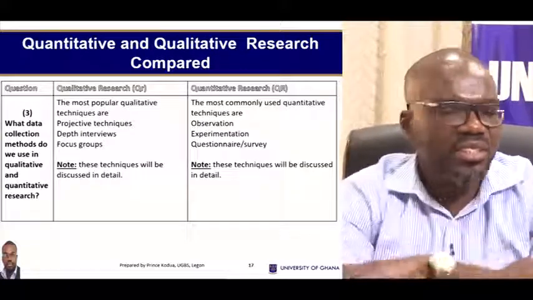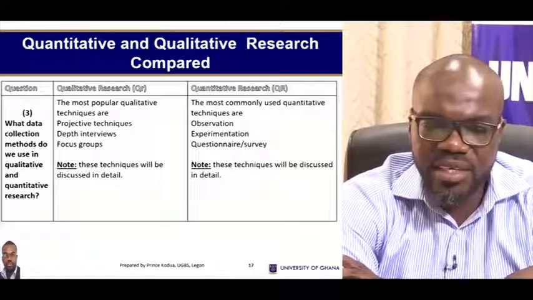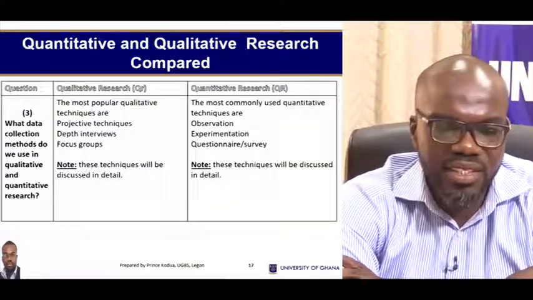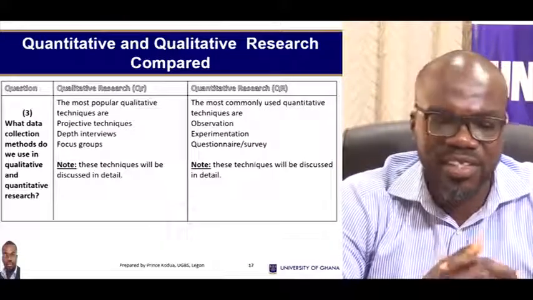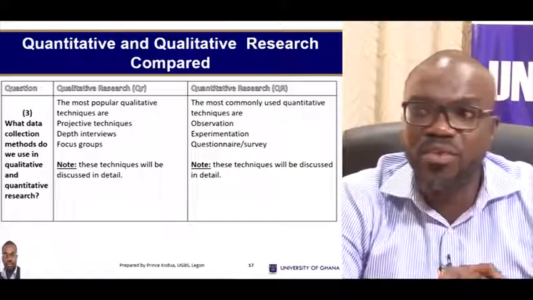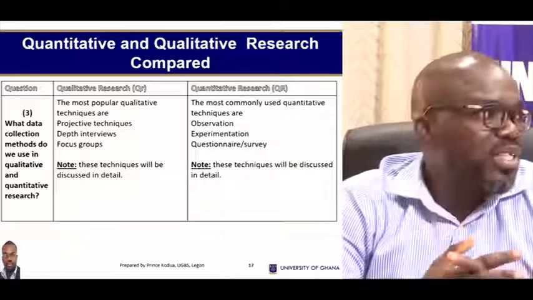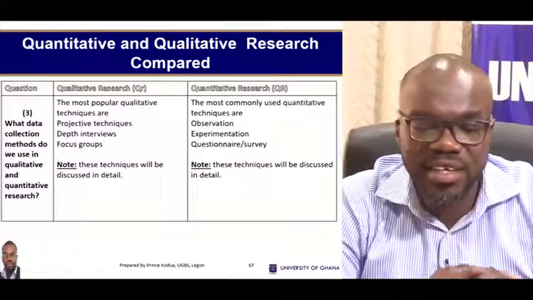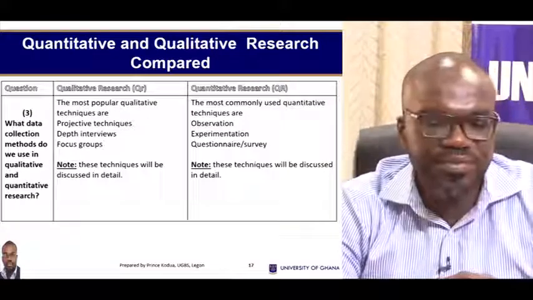The third question we normally want to ask is, what data collection method do we use in qualitative and quantitative research? There are several methods that are used, but the common ones for qualitative research, we do what we call projective techniques. I will explain later. We also may rely on in-depth interviews.